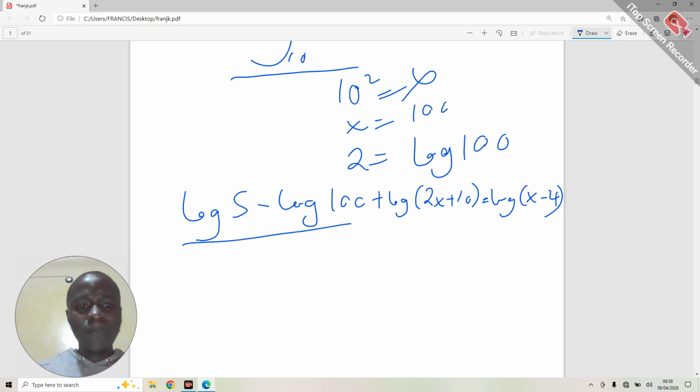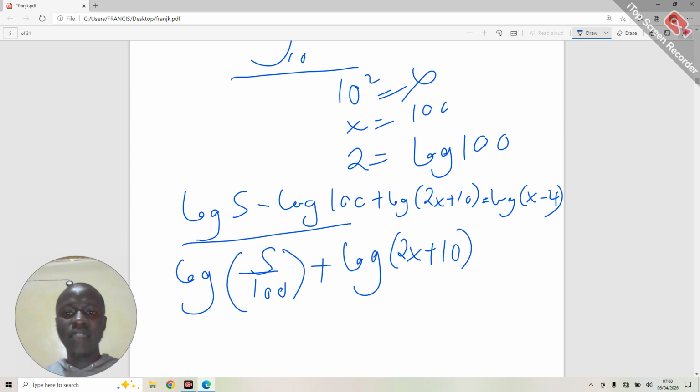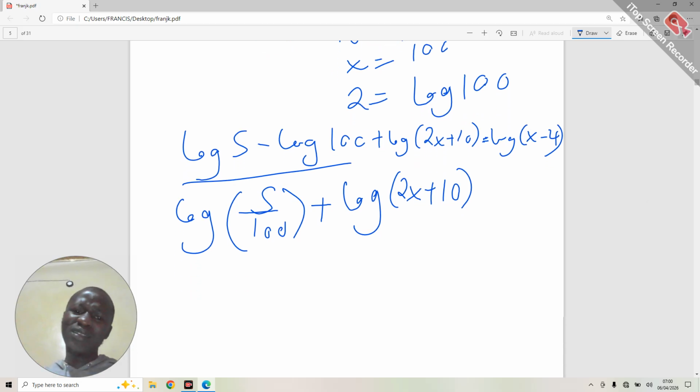So having these two, I have now log of 5 all over 100. Then I add log of 2x plus 10. Let us first of all solve the left part. Now, this is what you should do. Don't just combine those three things together at once. It may confuse you when it comes to some question, because you won't be able to tackle it when you apply the law of three logs, which actually doesn't exist.